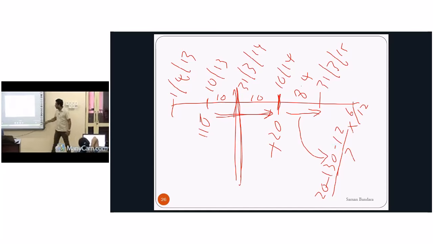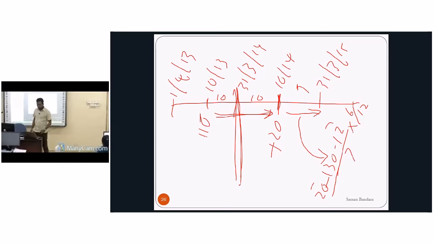So both things, 20 and this residual value, which is the total depreciation up to that date. 130 minus 20 minus 12, divided by 7. Half of that means not 8.4, it is 7.